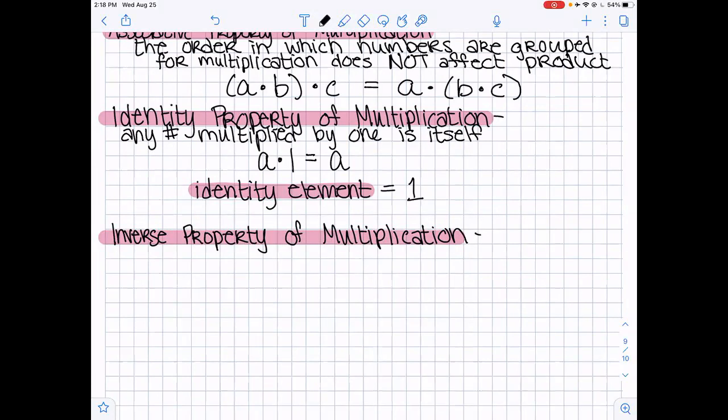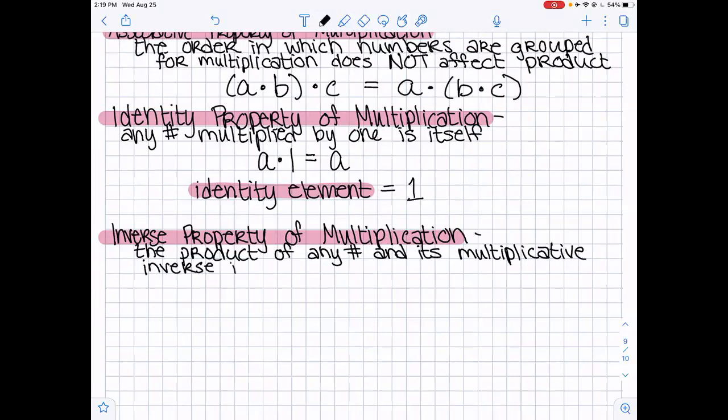But the product of any real number, let's just say any number, and its multiplicative, that's a fun word to say, and spell, multiplicative inverse is 1.